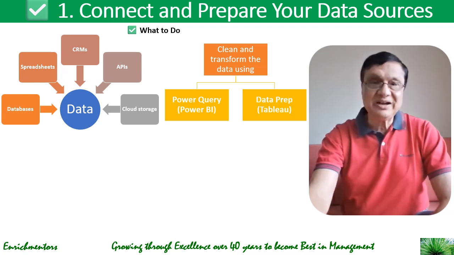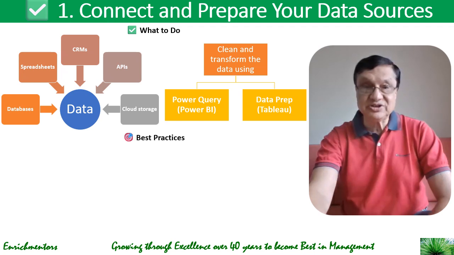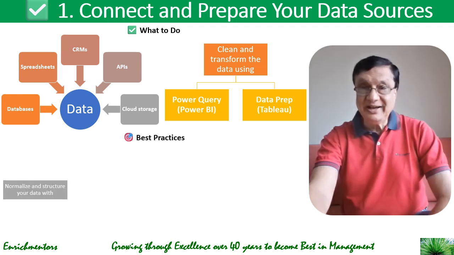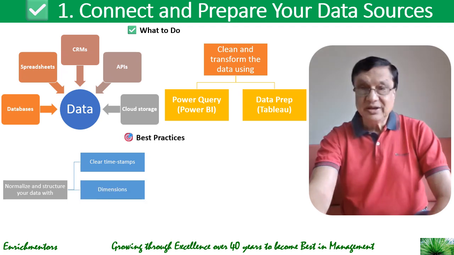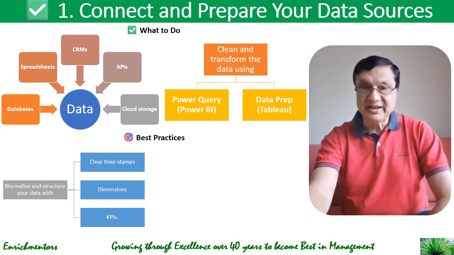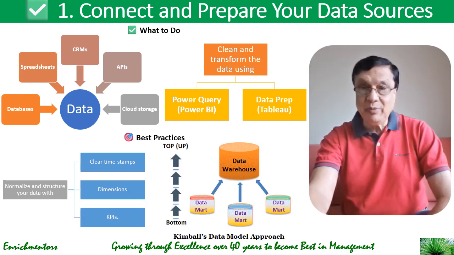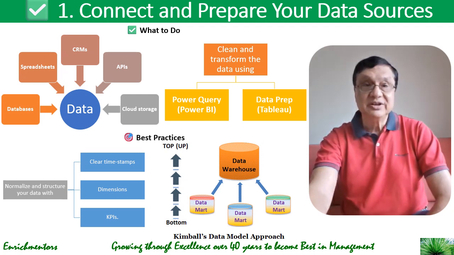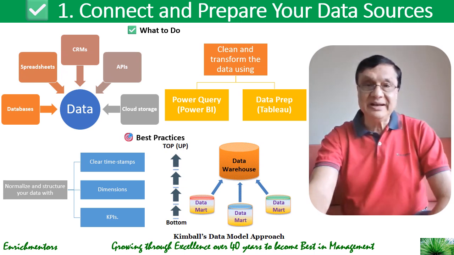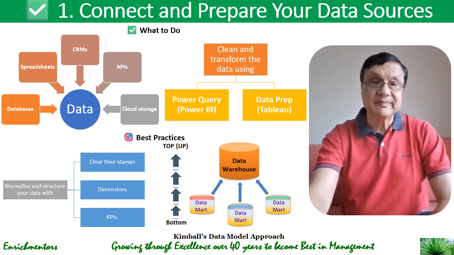Now, what are the best practices in connecting and preparing your data sources? You need to normalize and structure your data with clear timestamp, dimensions, and KPIs. And also use data models or data marts for common analytical needs of sales, ops, and finance. So that's the first step of connecting and preparing your data sources.